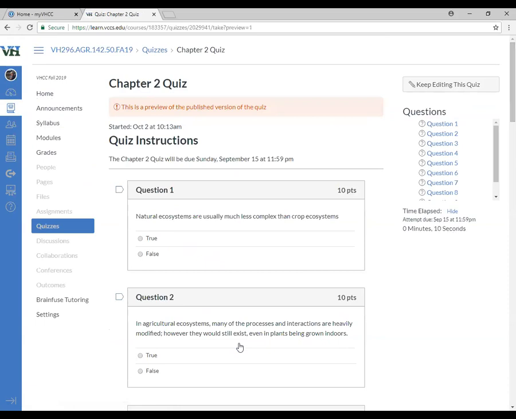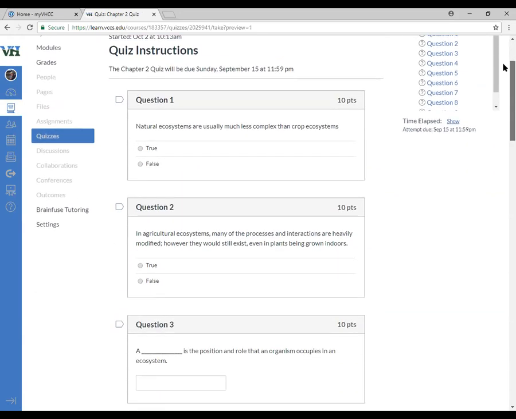Go back and check your answers. They're all given to you at the same time. You've got the time ticking over here, but it is not actually timed, so just ignore that. You can actually click the hide button, so it's not making you nervous there. Be sure that you answered all the questions too. I had a few people where there just wasn't an answer for some of them.